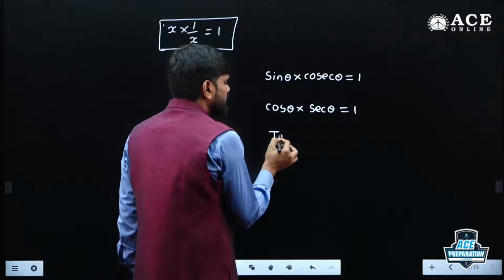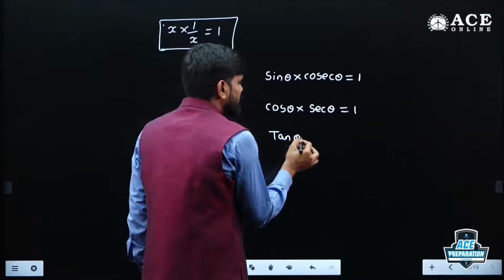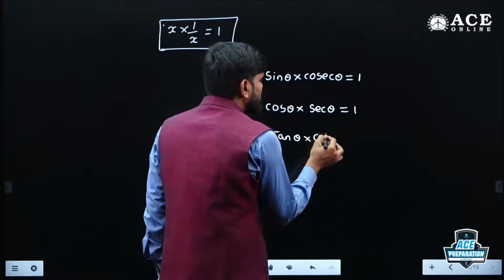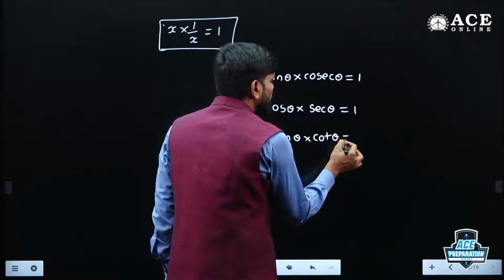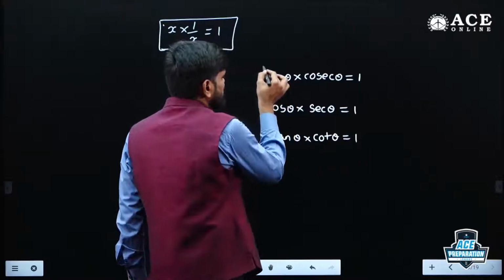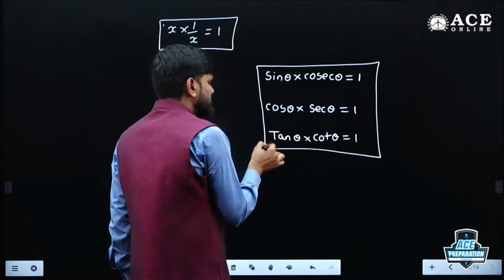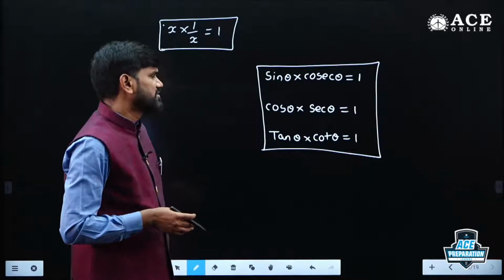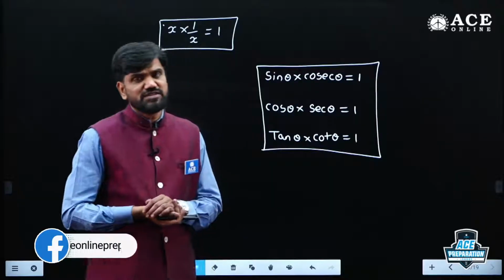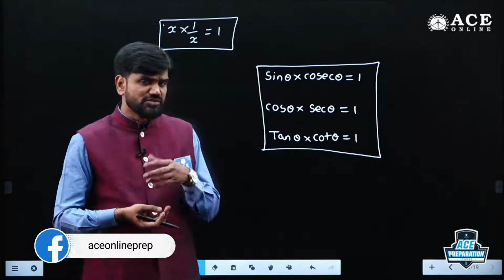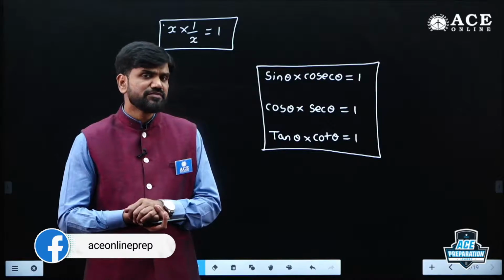Similarly, tan theta into cot theta is also 1. We have already discussed this one, saying that sin theta by cos theta equal to tan theta, those relations we have already seen.